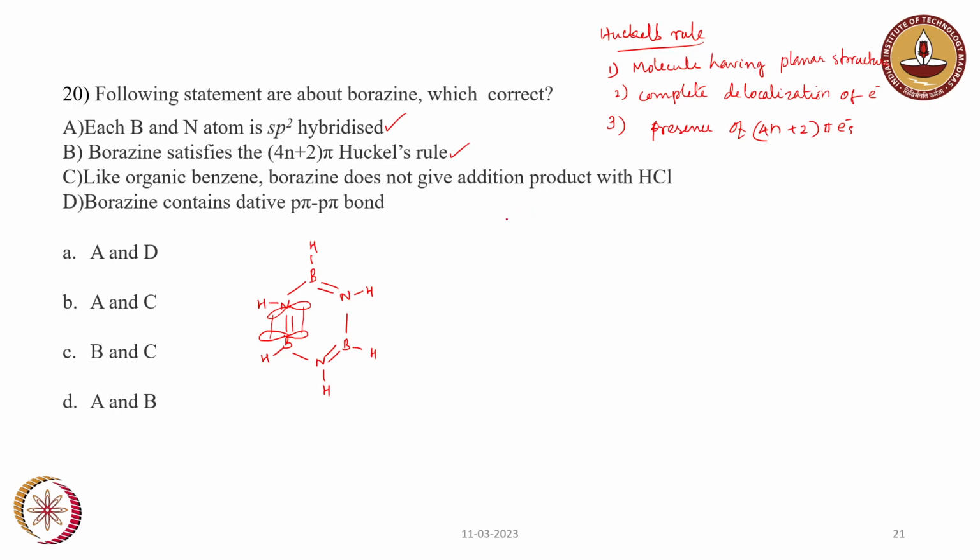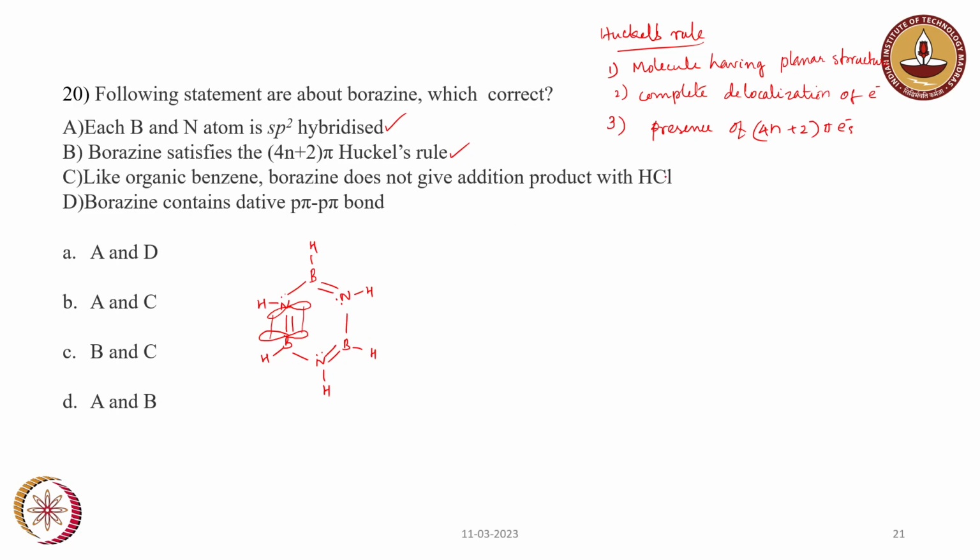Here, 6 electrons are present, which are donated by nitrogen present in unhybridized p orbital. So there are 3 nitrogens present. From each nitrogen, there will be lone pairs. They will give electrons to nearby unhybridized p orbitals of boron, and form the pi bond and delocalize in the ring.